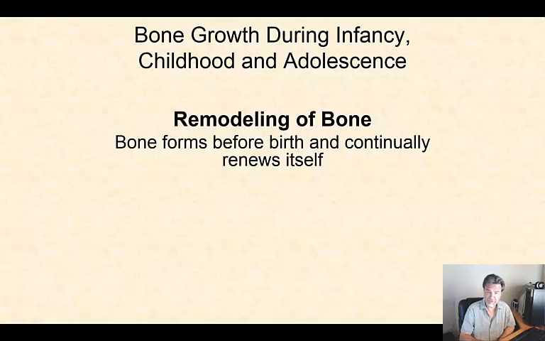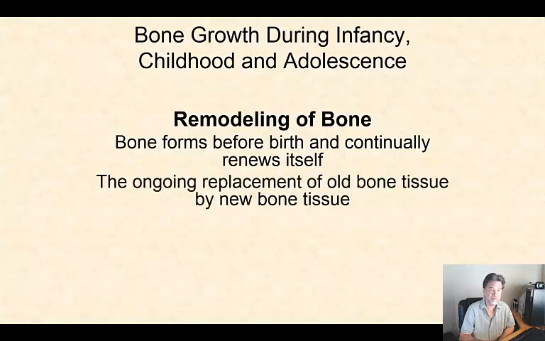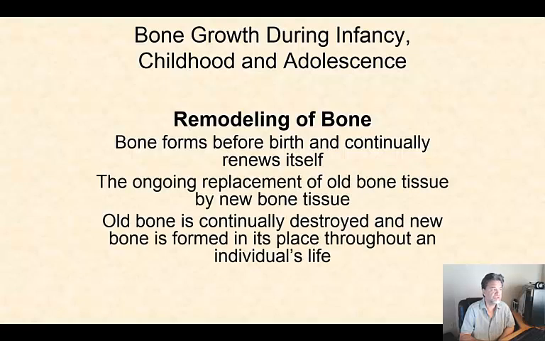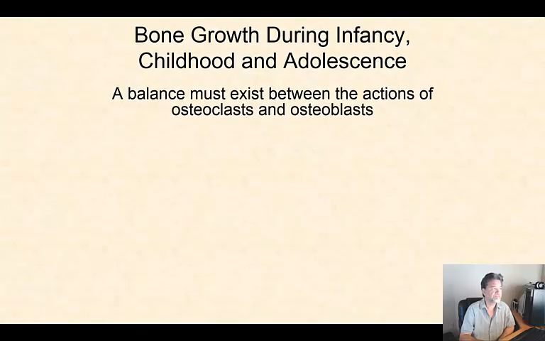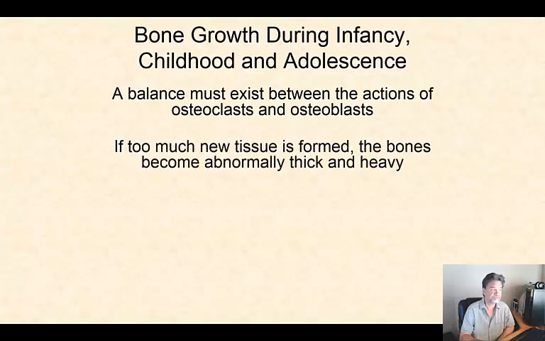Now, bone, again, we've talked about this from the very beginning, is always dynamic, and it's continually renewing itself, changing itself. We're replacing old tissue with new tissue, and this happens throughout life. So during your entire life, there must always be this interaction of osteoblasts and osteoclasts, and hopefully it's going to be somewhat balanced out.